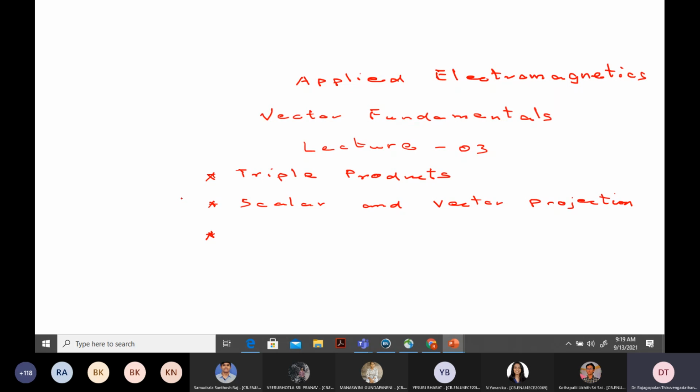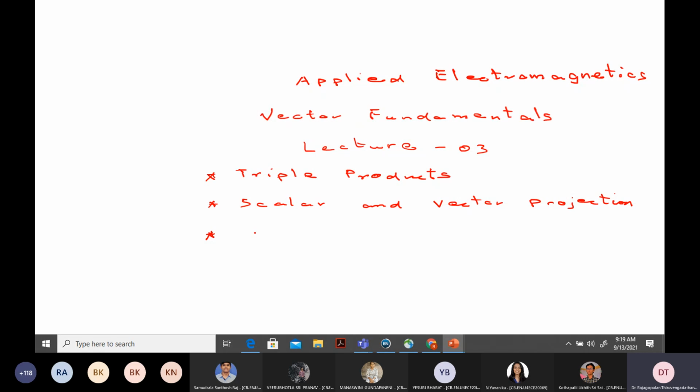It cannot be specified by only a scalar number, because it varies not only with magnitude, but also at every point in space the quantity has a unique direction associated with it. So therefore we have to define a vector field for the electric and magnetic fields. Now we will also deal with the significance of this triple product, scalar and vector projection.